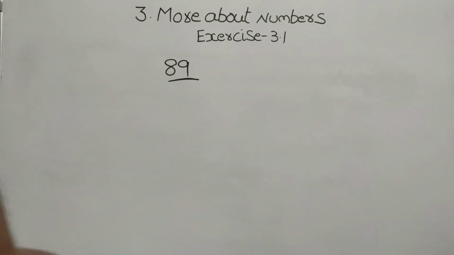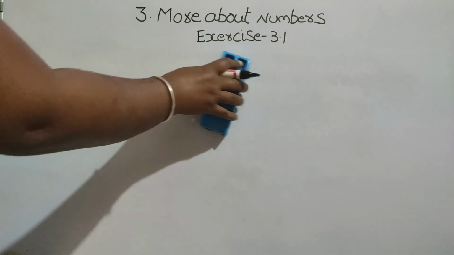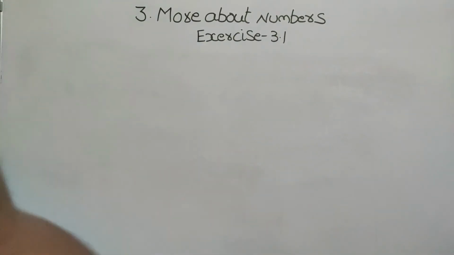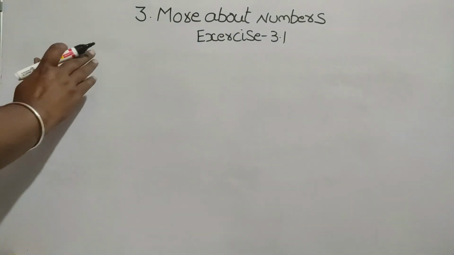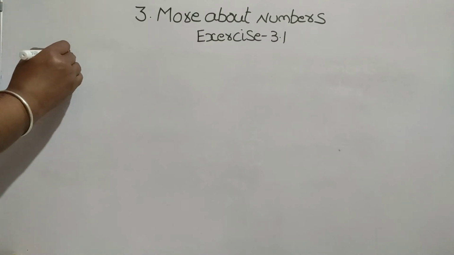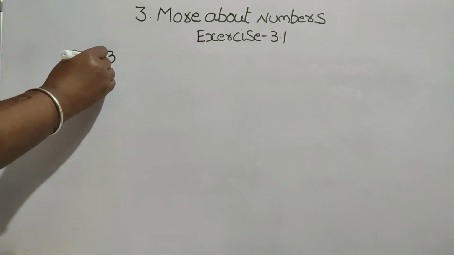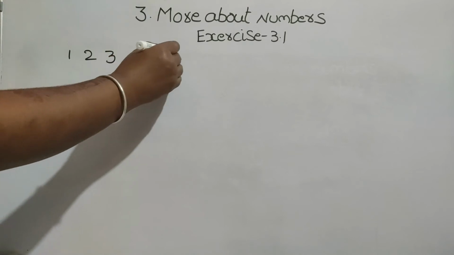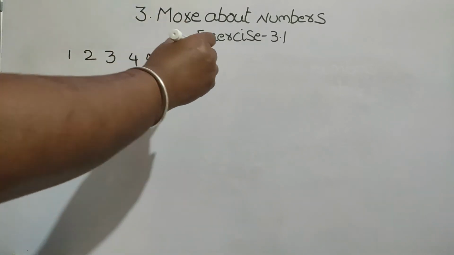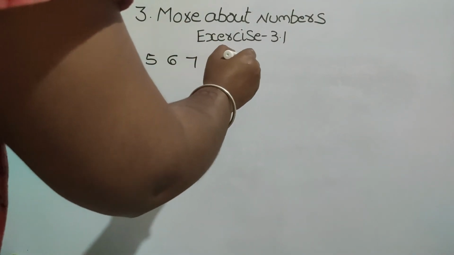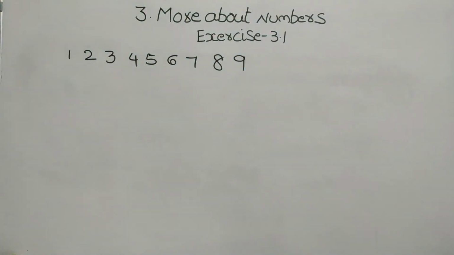Next question. Which is the smallest composite odd number? We have 1, 2, 3, 4, 5, 6, 7, 8, 9. These are the single digit numbers.